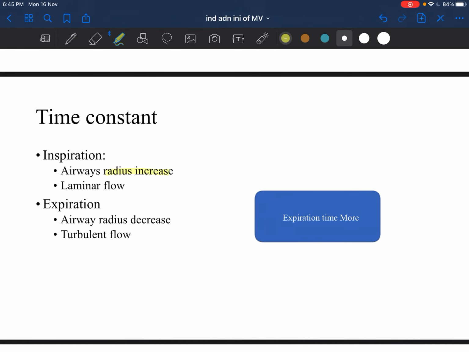So, more diameter, easy laminar flow. If the patient is going to exhale, then the intrathoracic pressure increases and the airway radius decreases. This can result in turbulent flow. So during expiration, for the air to go out of this smaller radius airway, it requires more time. That is why your expiration time is more compared to your inspiration time.